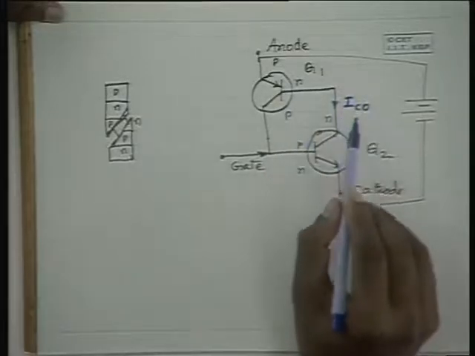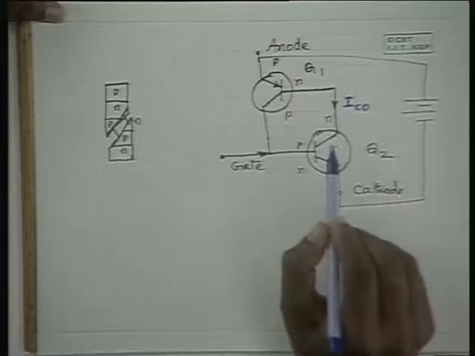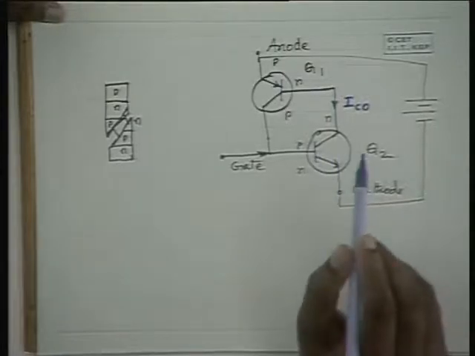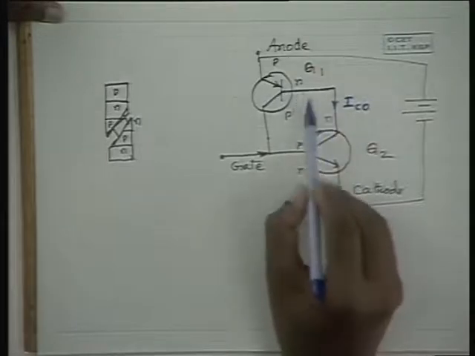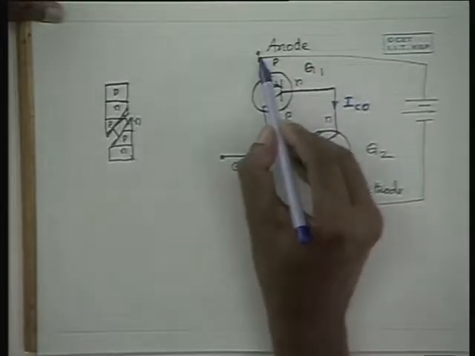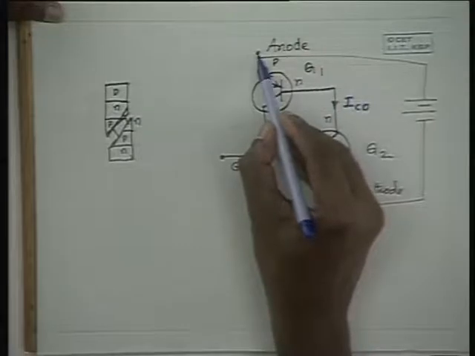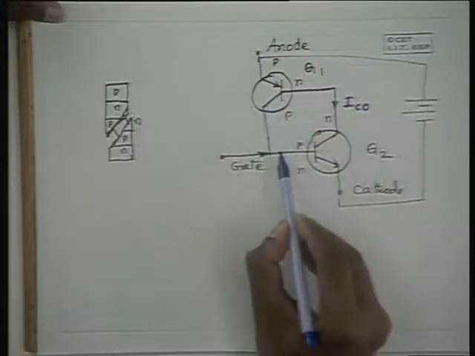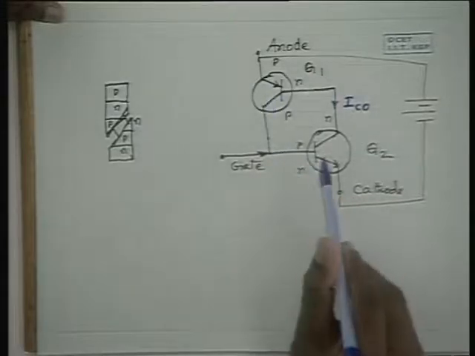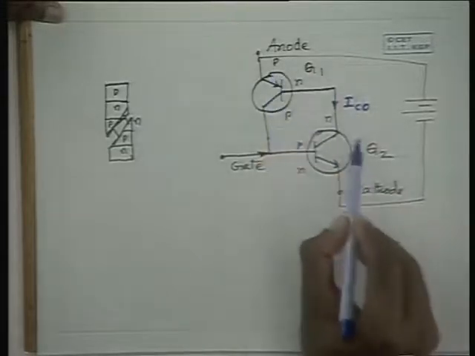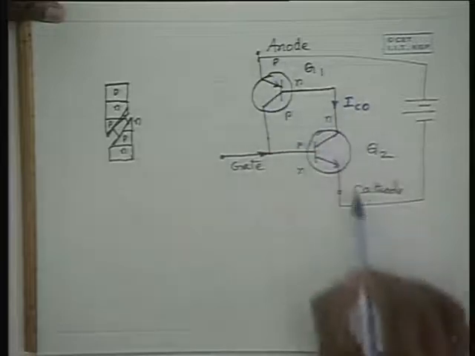The order of IC0 in the case of silicon material is very small, of the order of a few nanoamperes. Hence this current is negligibly small, and it doesn't turn on the transistor, and no current flows through this. Except for this small current IC0, there is no other current which flows through this device.